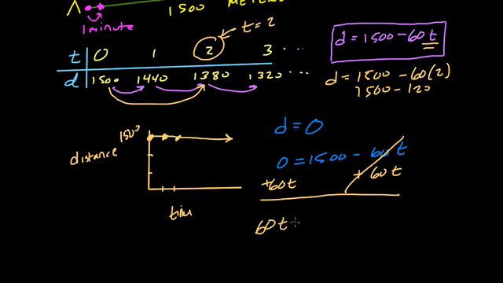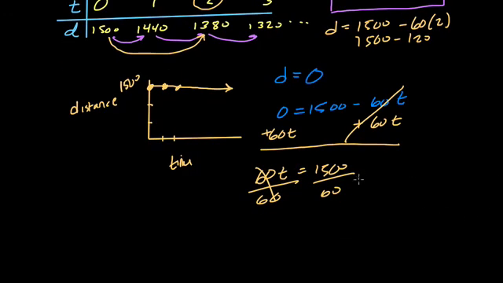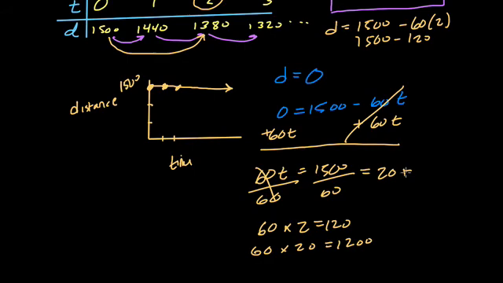We have 60t equals 1500, divided by 60 on both sides, and that's what t is going to be equal to. How many times does 60 go into 1500? Well, I know that 60 times 2 equals 120, so 60 times 20 equals 1200. So 60 goes into 1500 at least 20 times, plus there's still 300 left. And I know that 60 times 5 equals 300. So it's 25 times, or 25 minutes.